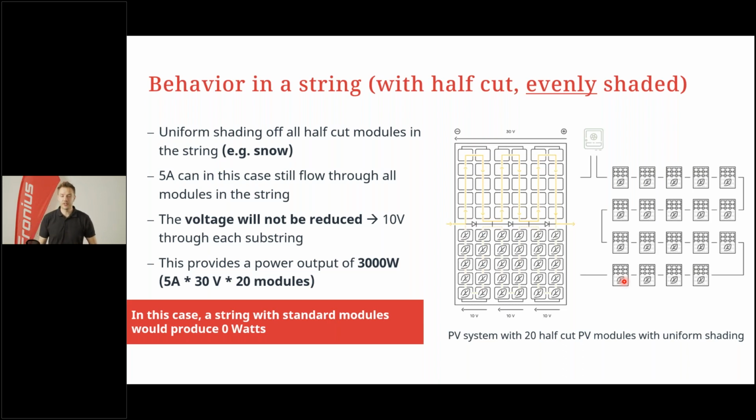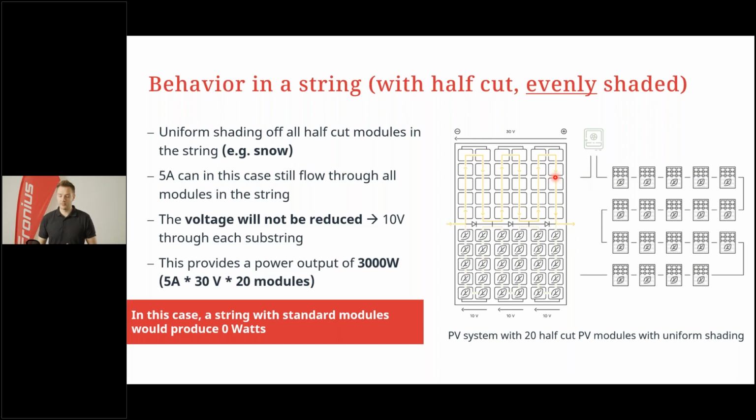Then you have the huge advantage of the half cut module, because the 5 amps, which are basically the result of the shading, go through the upper part of all the modules. The diodes are not getting conductive because it's better for the inverter to not activate the bypass diodes, because you have 5 amps going through all the modules on the upper part, and you have half of the rated power of the string, so 3,000 watts.